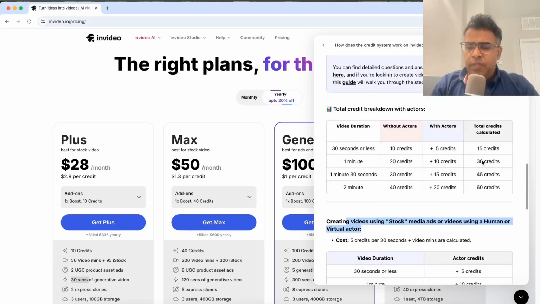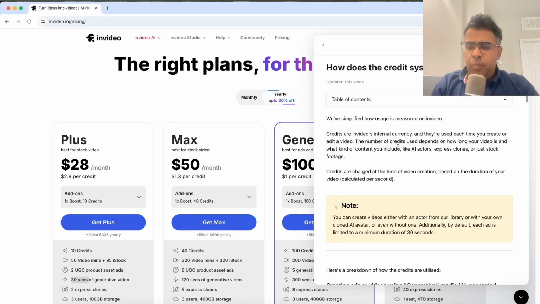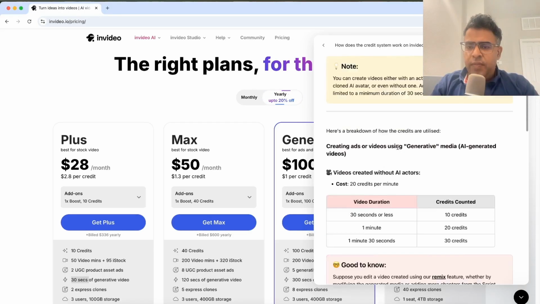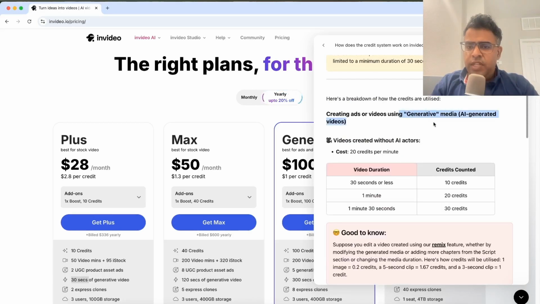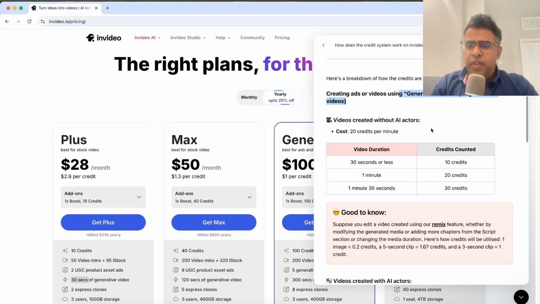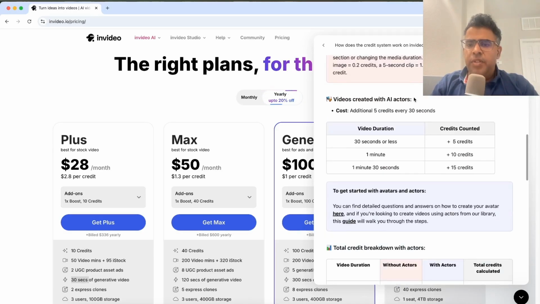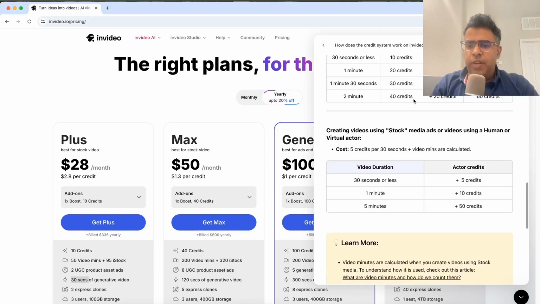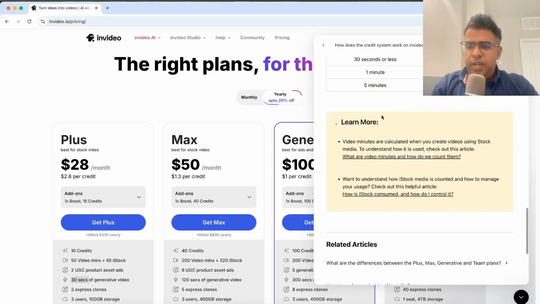So unfortunately, it is not very clear. Most of the time their credit conversion is provided for the generative media, and then they further provide that information with AI actors or without AI actors. So it's not very clear how credits apply to the other aspects.